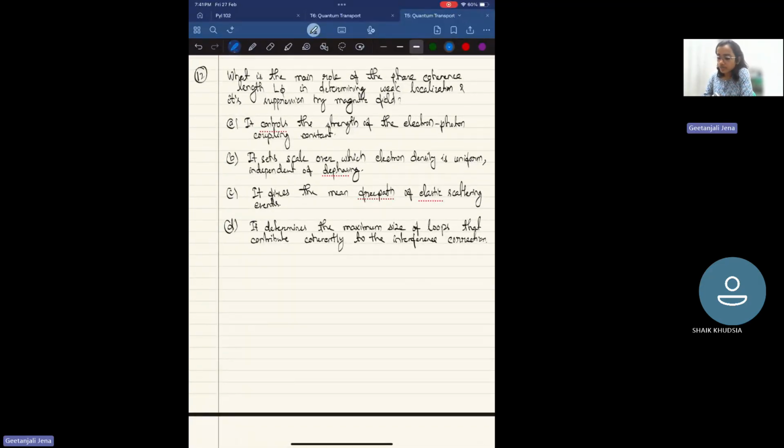Okay, question number 12. It is also conceptual. What is the main role of phase coherence length L_phi in determining weak localization and its suppression by a magnetic field? Option A, it controls the strength of electron-phonon coupling coefficient. Option B, it sets a scale over which electron density is uniform and it is independent of dephasing.